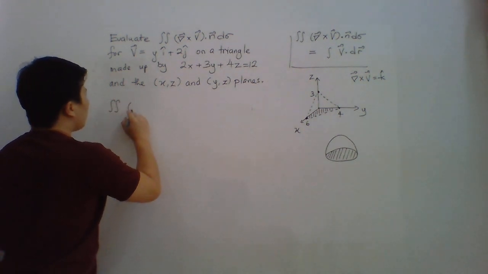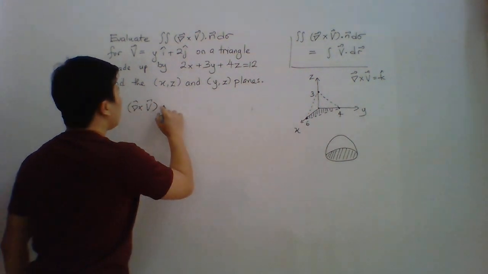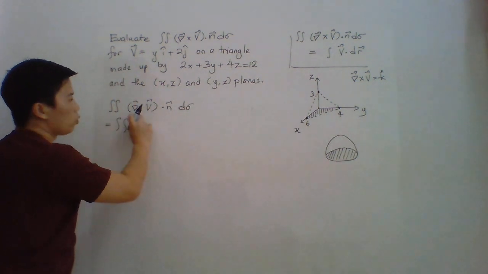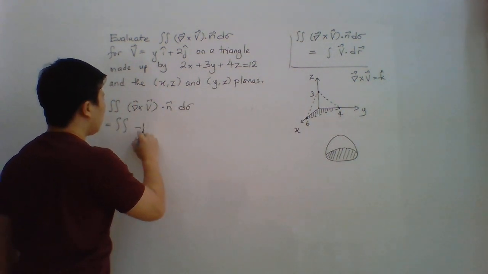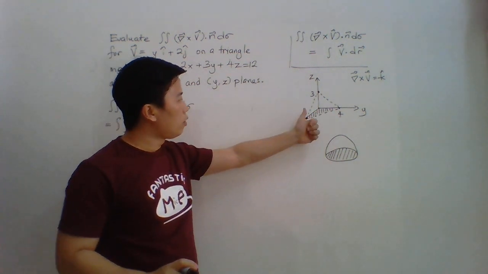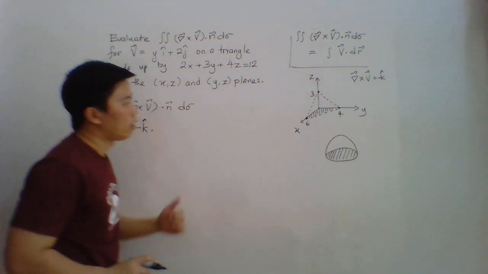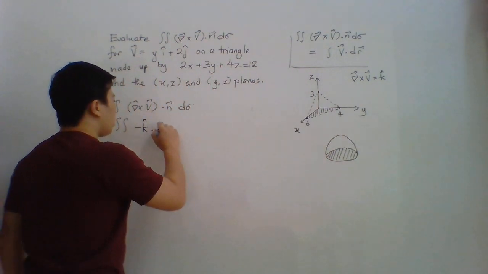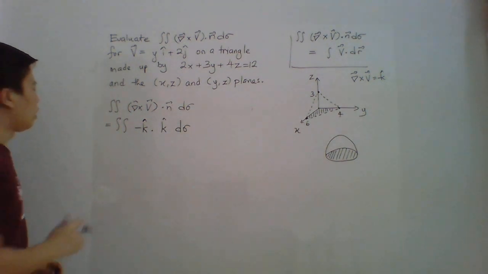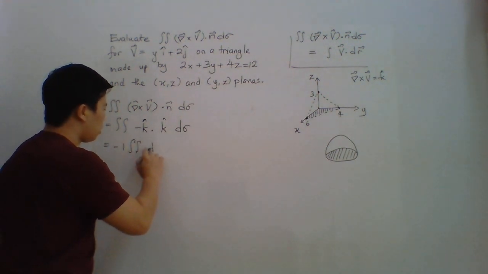We have the curl of v dot n dσ, and this is now equal to minus k. And now we are going to choose my normal vector pointing towards the z direction. So this is going to be k dot dσ, right? And therefore here this is equal to minus 1 times dσ.